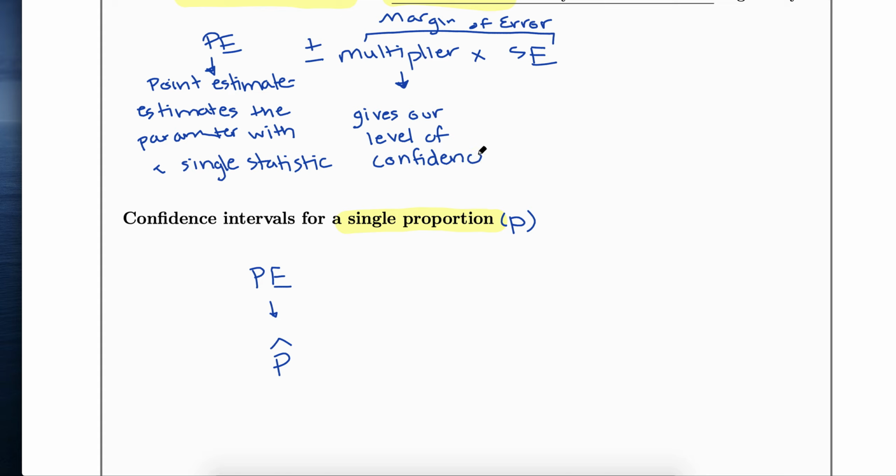And our standard error is going to be that part that takes into consideration, hey, if I take a sample, you take a sample, we're going to get different point estimates, and we need to include that variability that we expect between our point estimates. So standard error is the variability of our point estimates.